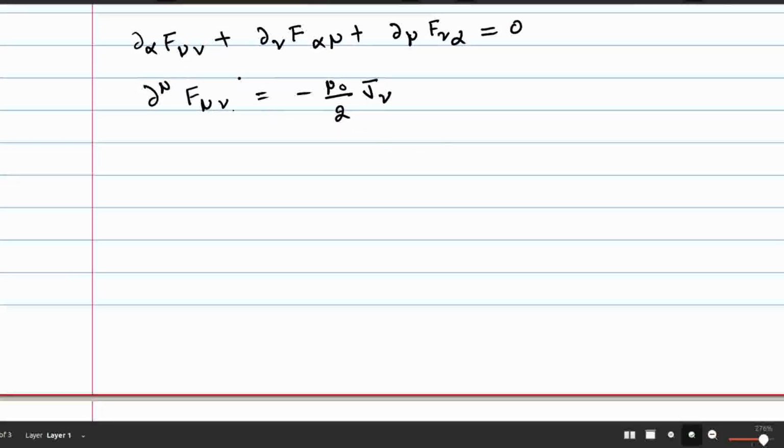In order to see that they actually are equivalent to these Maxwell's equations, let us take this first equation here and take alpha to be 0 and mu nu to be 1 and 2.